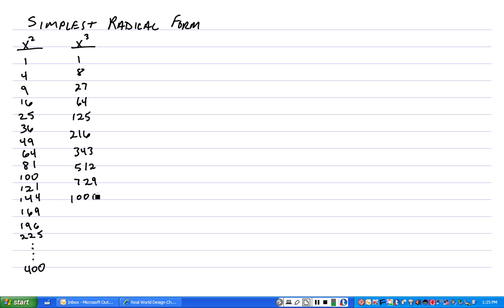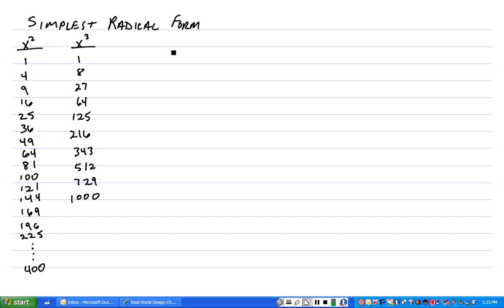Alright, this listing. So now that we have our listing, this is a listing of perfect cubes from 1 to 10, a list of perfect squares from 1 to 15, then skips to 20. So you want to do your best to make use of these two lists.